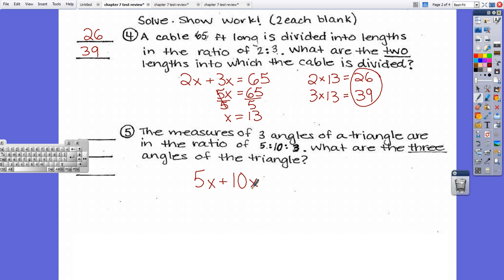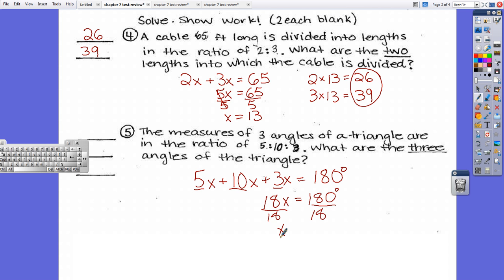And I know that because it's a triangle, they add up to 180 degrees. 5 plus 10 plus 3 is 18x. It equals 180 degrees. Divide by 18. I get x equals 10 degrees.